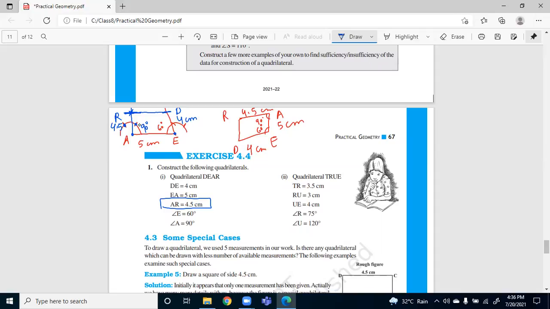Ma'am, first we will make the rough diagram. And then, ma'am, we will make RU of 3 centimeter. And then from point R, we will make 75 degree by bisecting 60 and 90 degree. Excellent. Very good.